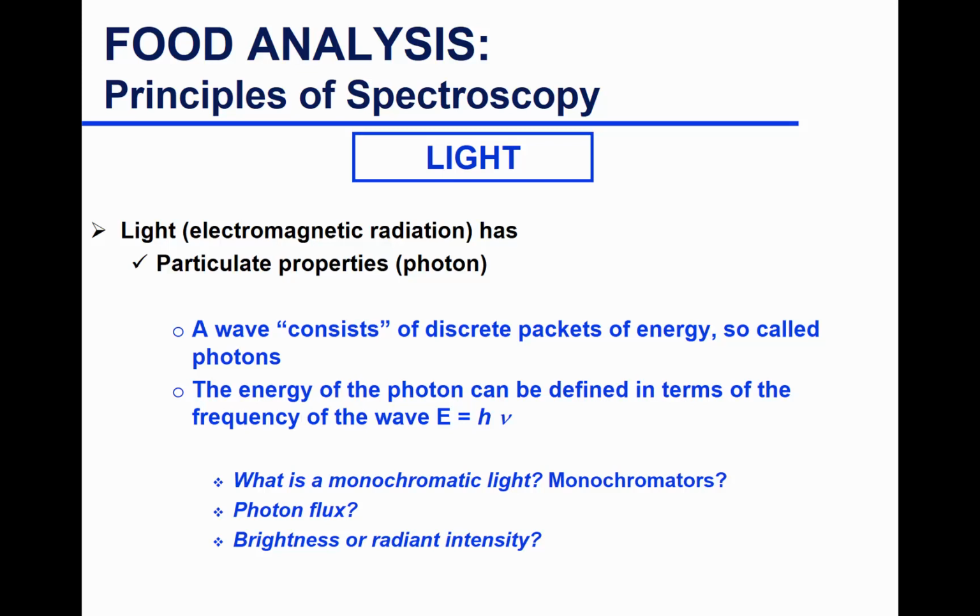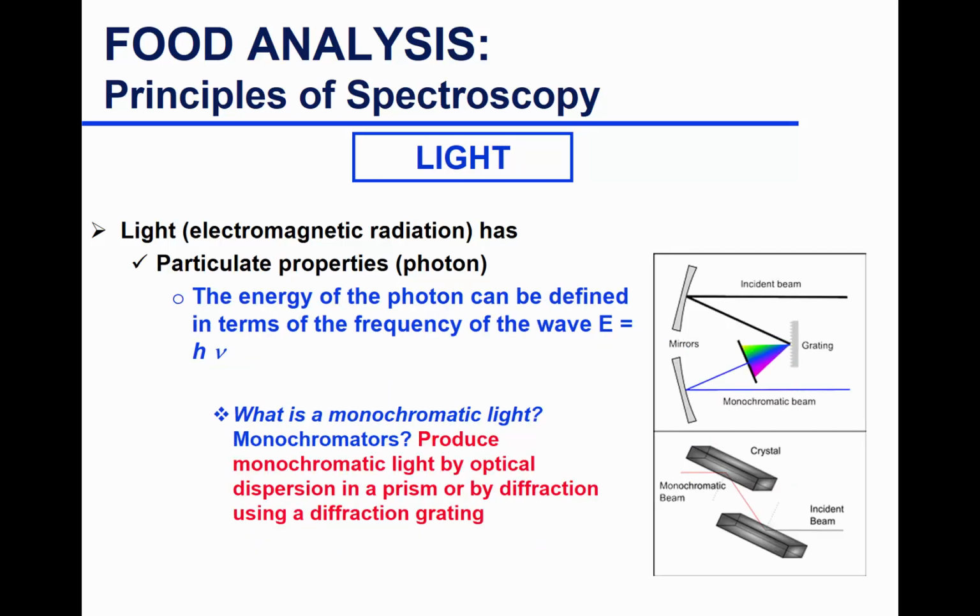So monochromators are used a lot in spectroscopy. They are a unit within a spectrophotometer where the light gets diffracted. So here's an incident of light. It hits a mirror and then gets reflected onto a grating system that diffracts the light into multiple wavelengths.